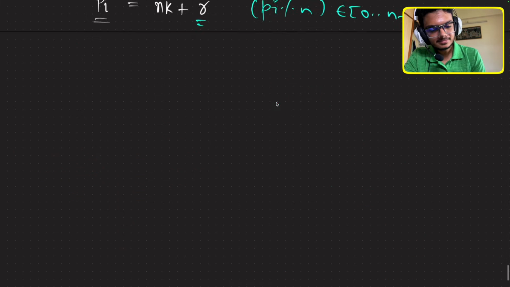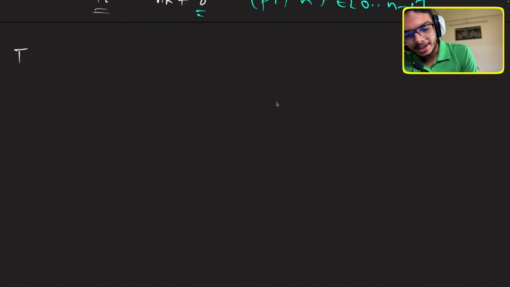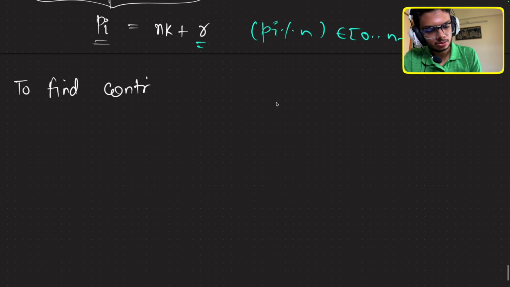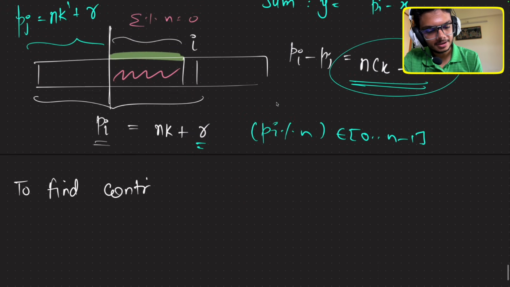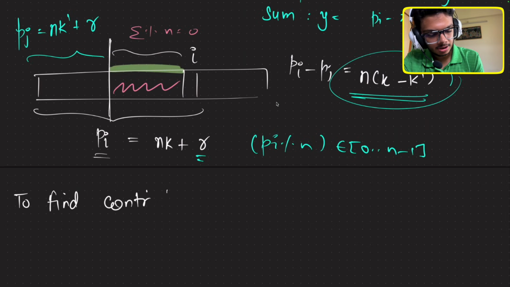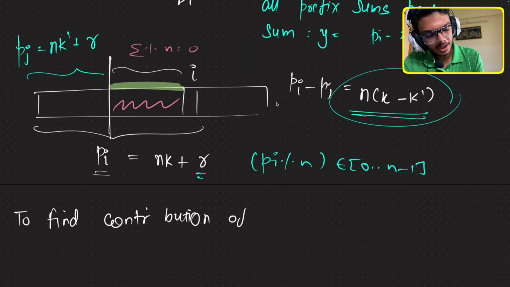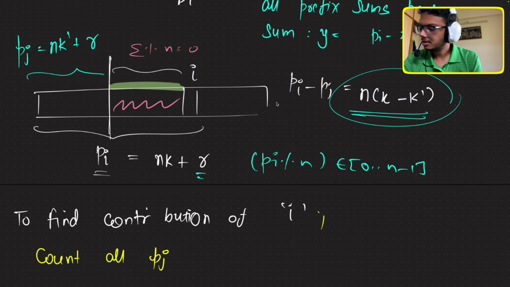That is, to find the contribution of i, let me just show this to you also. To find the contribution of i, count all pj's, where j is less than i, right?